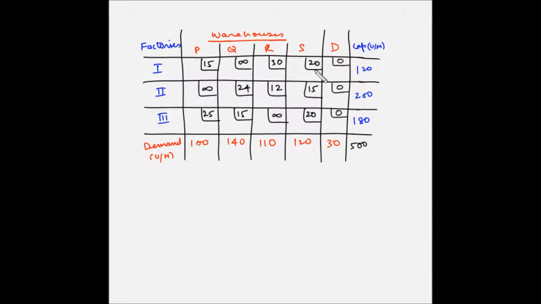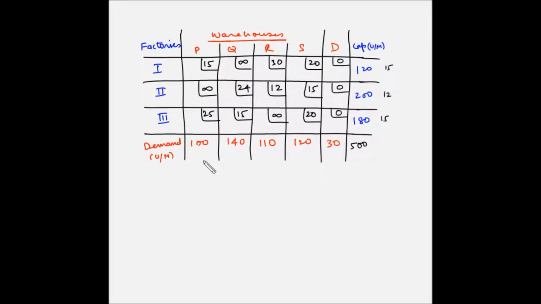So for the first row, the lowest is 0 and the next lowest is 15, so the difference is 15. For the second row, lowest is 0 and the next lowest is 12, so 12 minus 0, 12. For the third row, the lowest is 0 and the next lowest is 15, so 15 minus 0, 15.